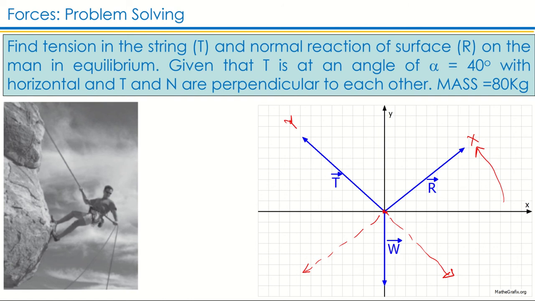The angles we have, this is 40, this is 50. Okay, so that's also 50, and you know that both dotted lines are 90 degrees to each other. So if this is 40, so that's equal to 50 degrees also.